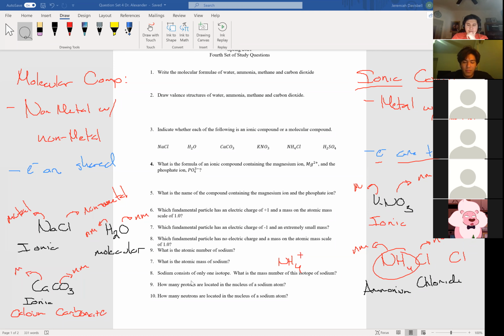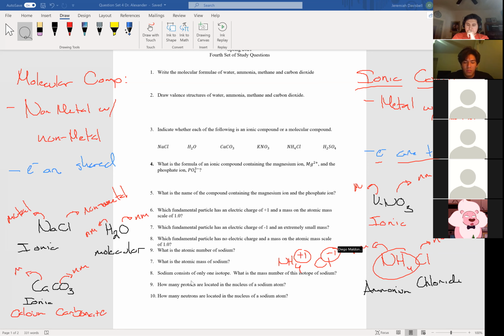What charge would chlorine have in this case? Let me write it right over here. So ammonium has a +1 charge. What charge does chlorine have to have in order to cancel out that charge? Negative. Yes, a negative charge.